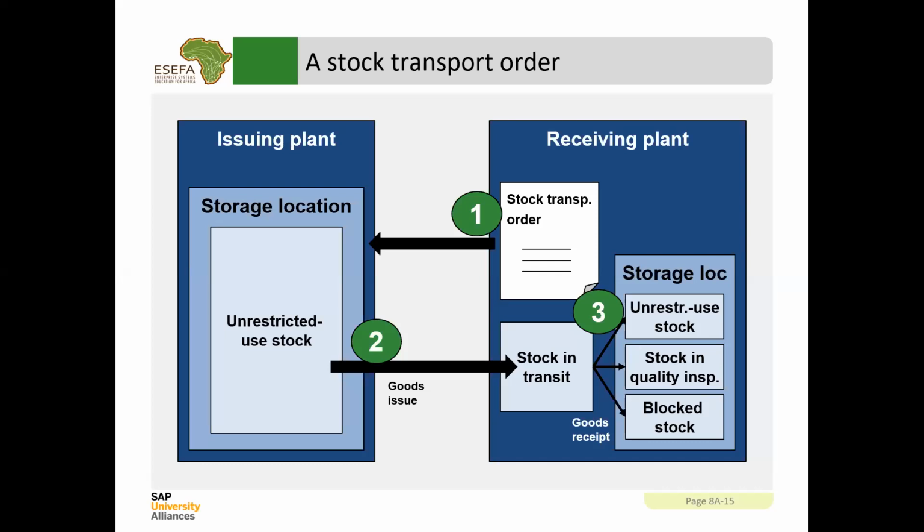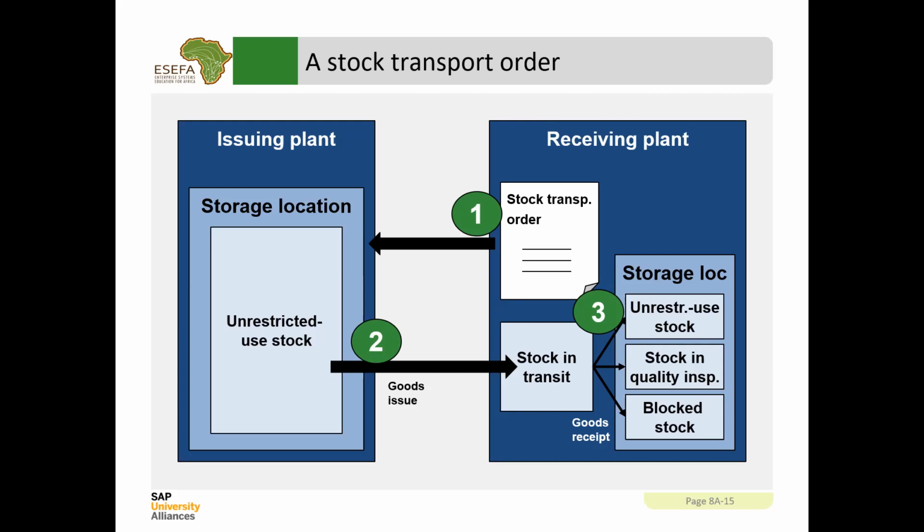Yes, so let's move on to a stock transport order. We said a stock transport order is a document that you generate requesting goods or initiating goods movement. Two plants: the issuing plant, let's say Mungwi, tentatively, and the receiving plant, let's say Lusaka. The issuing plant has a particular storage location that contains unrestricted stock.